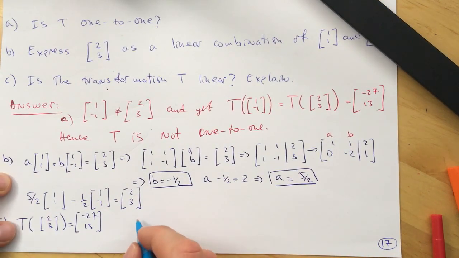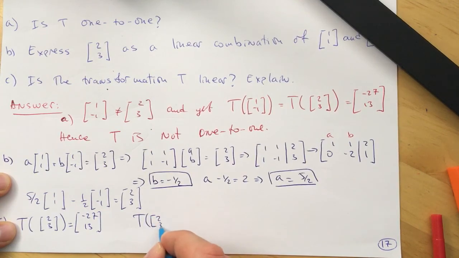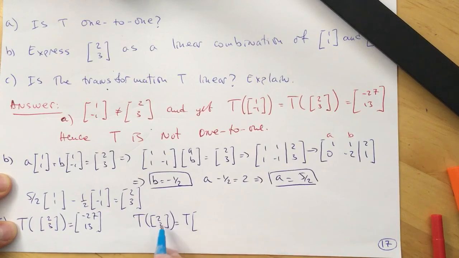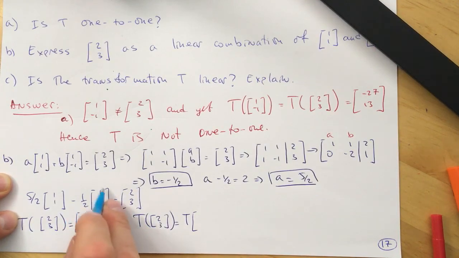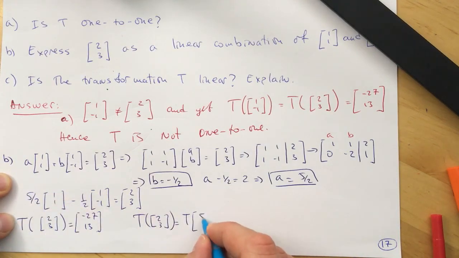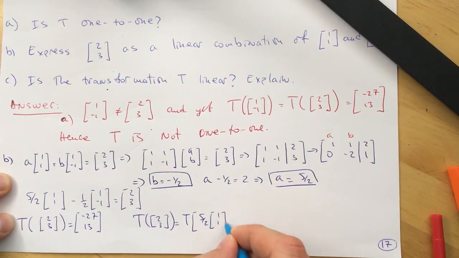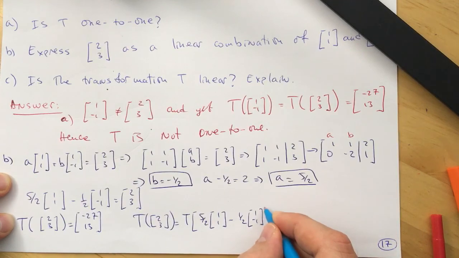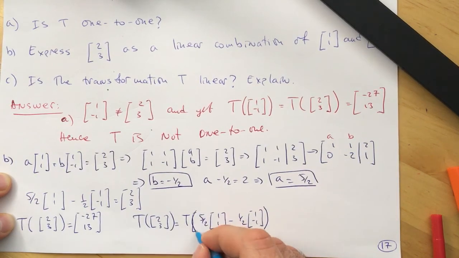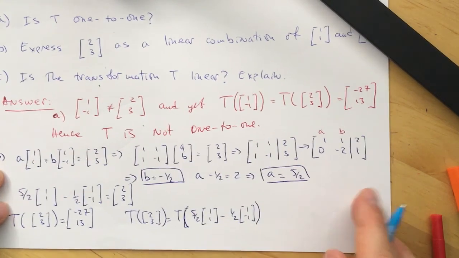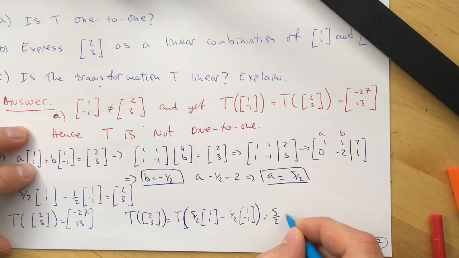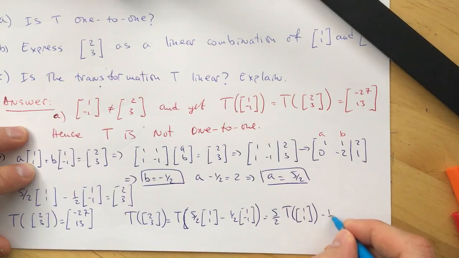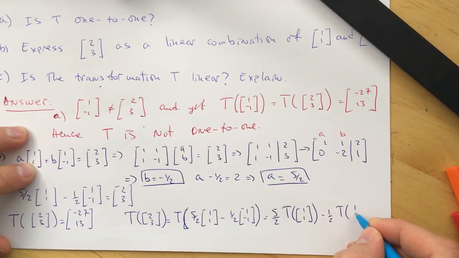But then the vector 2, 3 is expressed as 5/2 times 1, 1 minus 1/2 times 1, negative 1, so T of 2, 3 is equal to 5/2 T of 1, 1 minus 1/2 T of 1, negative 1.